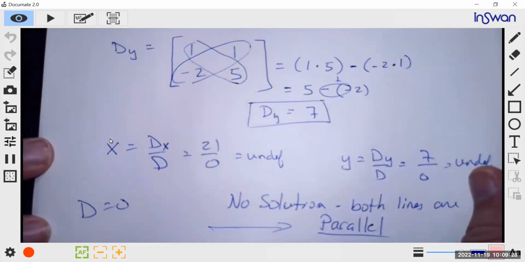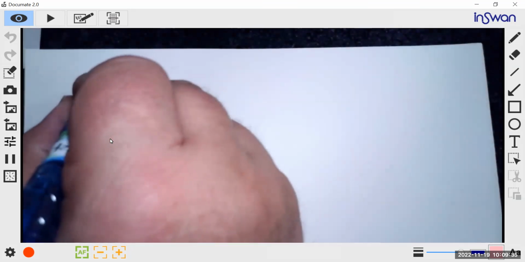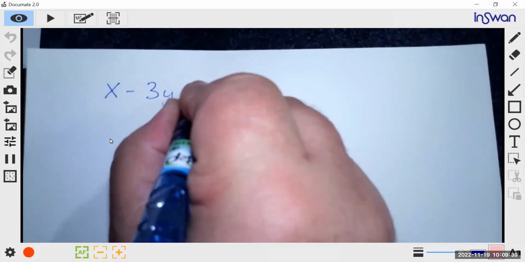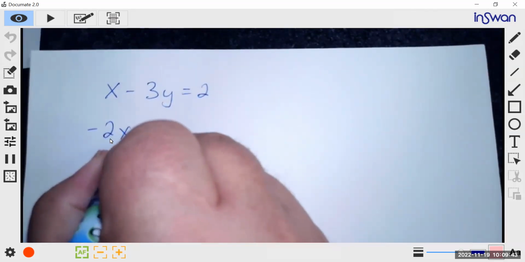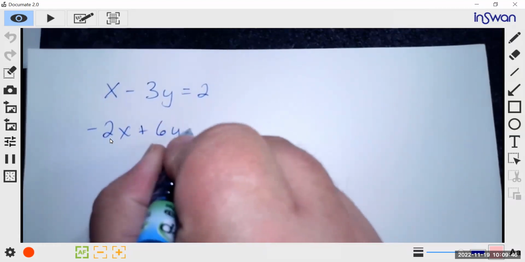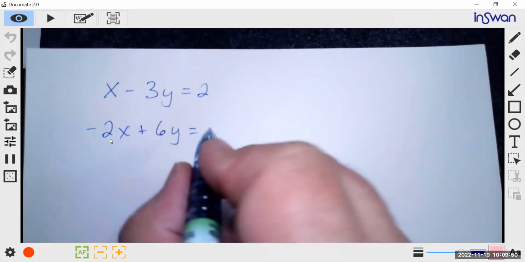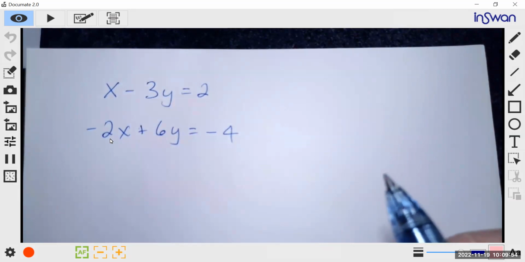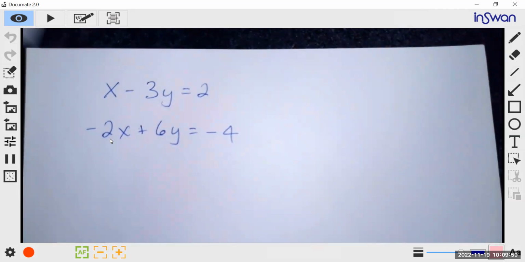Let's see what it would look like if the lines were the same lines. Let's look at this example.